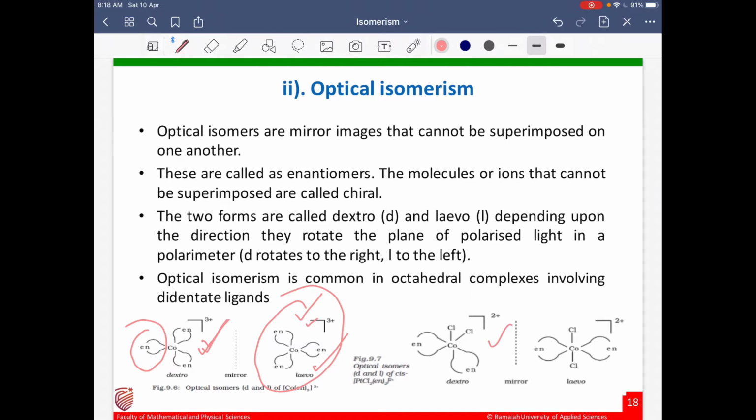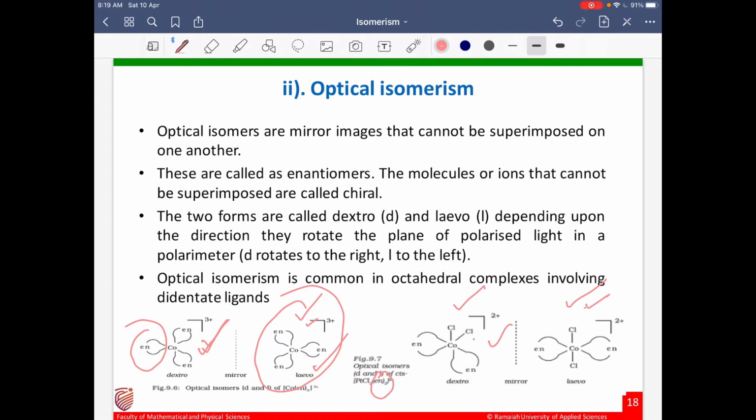[PtCl2(en)2]2+, an octahedral complex with 2 didentate ligands. Here we can see one structure and its mirror image. Try to superimpose the mirror image on this image. We know that they are not superimposable. If they are not superimposable, they are enantiomers.